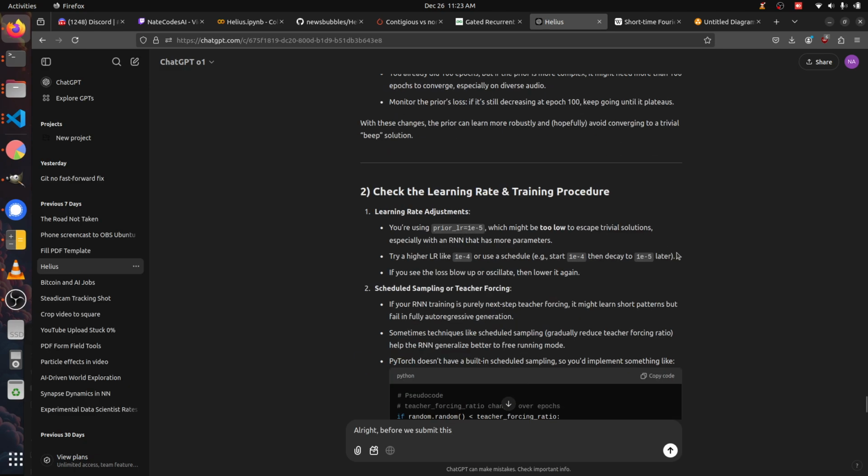you're using 1E-5, 1.2 too low to escape trivial. No, I tried it with 1E-5. Number 2, not a problem. It's doing the same thing for 1E-4. And I noticed that it might have been overfitting.